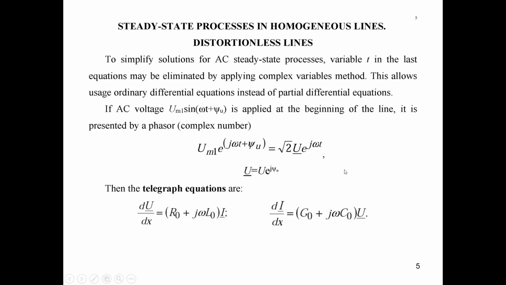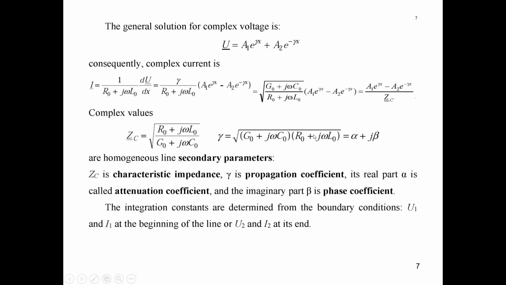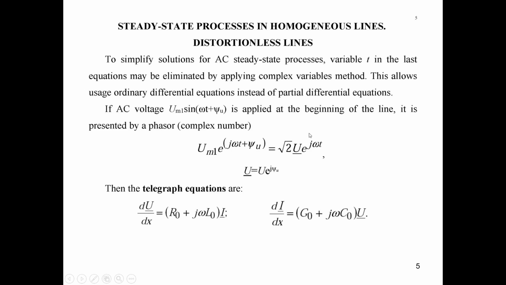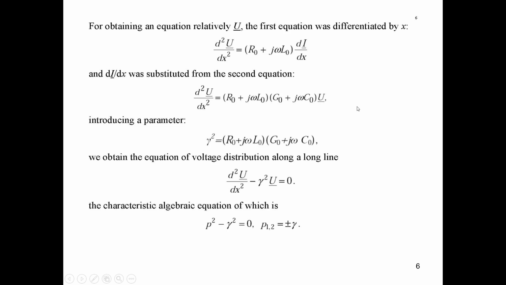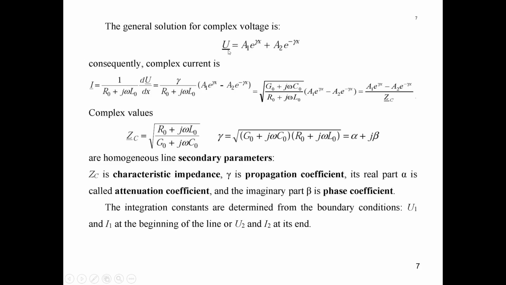We've used phasors, and with the help of replacement of the derivative by time with the product of the corresponding value and j omega, we've got the solution for voltages and currents through the so-called secondary parameters.